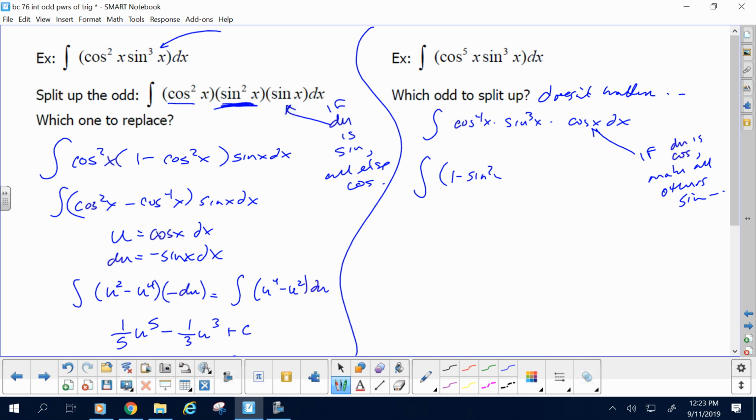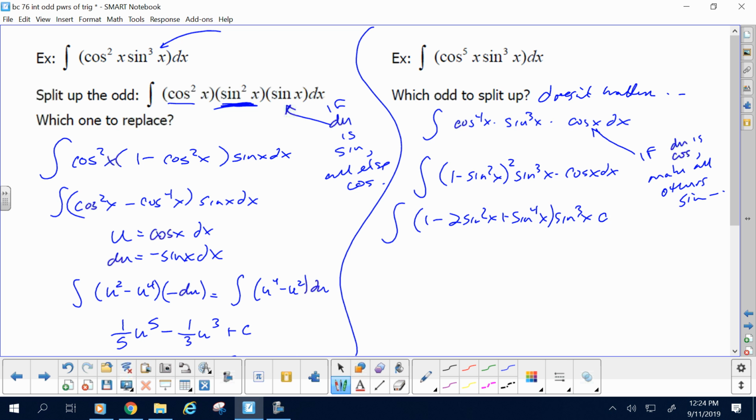1 minus sine squared squared, sine cubed, cosine, yeah? Yes, good. So that's the one. What is 1 minus sine squared expanded, and then do you want to do this in one step or two? Two? So much writing. You guys are not at all good at being lazy.